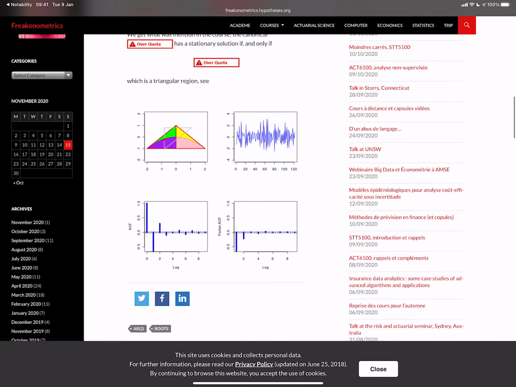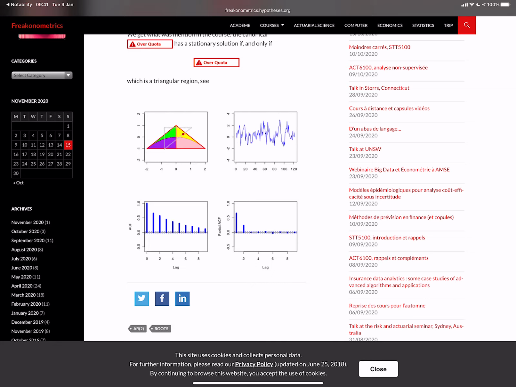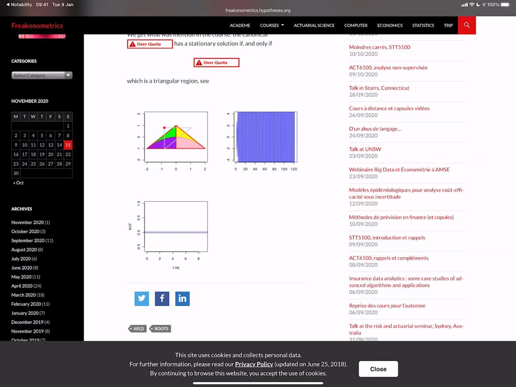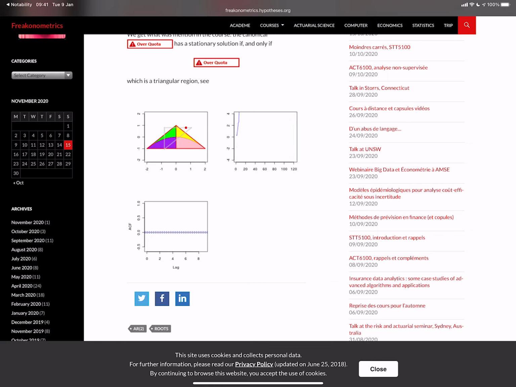So the region in which you have existence or non-existence of solutions is in fact some kind of triangular region, and on the top right you see a simulation of the process with the coefficients which are defined in the top left. And you see that as he's moving around this region, along this triangle that he's drawn, sometimes you have solutions. Here you have no solution. Here you have a nice stationary solution.